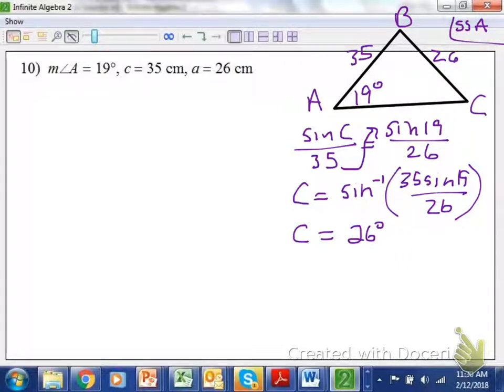C equals 26 degrees, which means that C prime in a second triangle would be 180 minus 26, which is what, 154 degrees? Is that right? 154? Is there enough room? 154 and 19? Yes. Okay, so go ahead and sketch your second triangle.